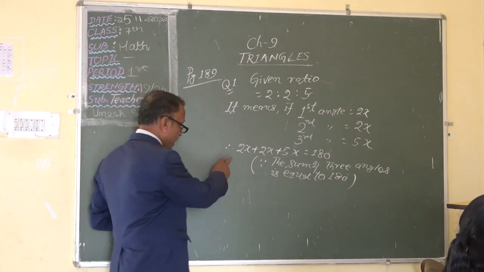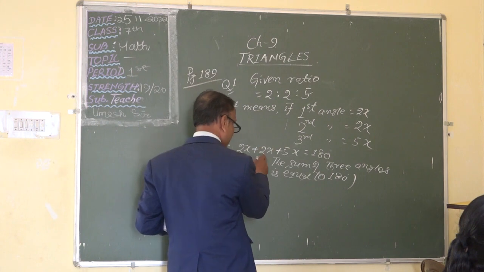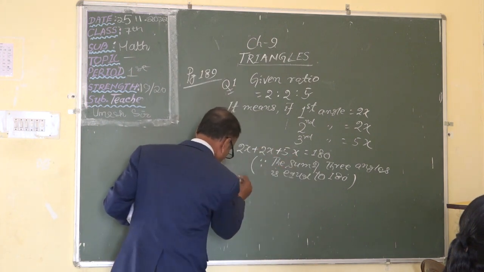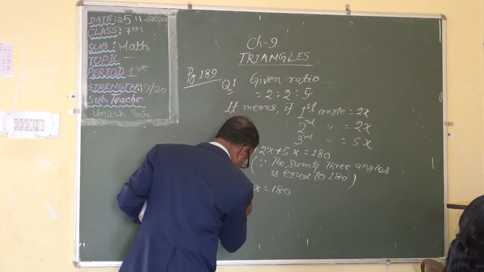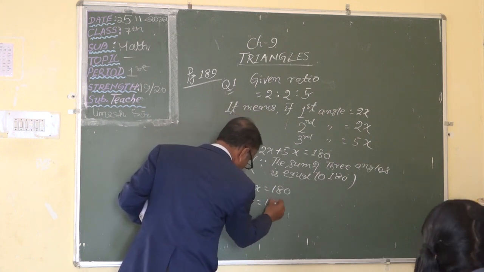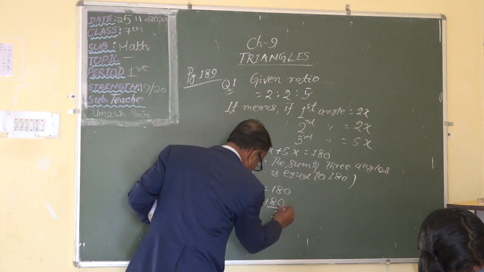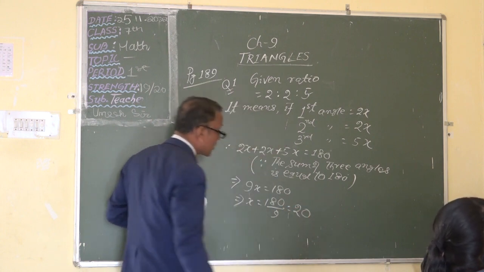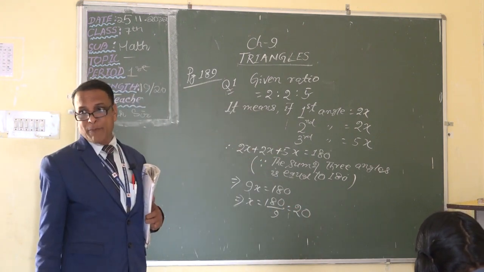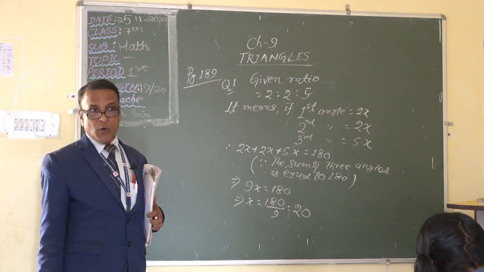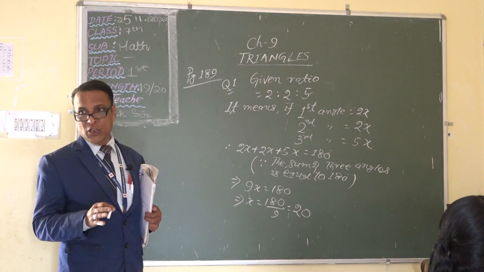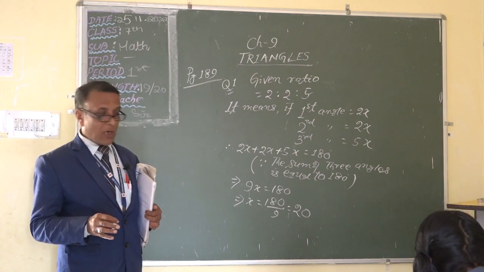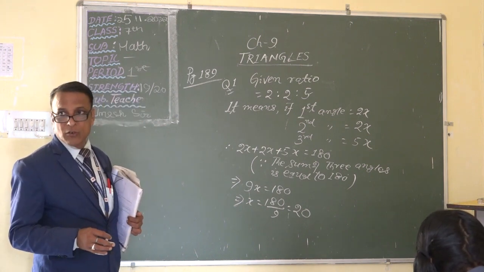Now you add 2x plus 2x, that is 4x. 4x plus 5x, that is equal to 9x. So 9x is equal to 180, implies x is equal to 180 by 9, that is equal to 20. So we got the value of x which we had taken for the ratio of the angles. I got x value is equal to 20.